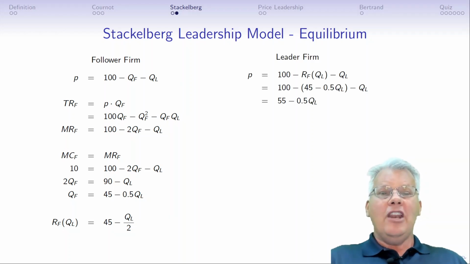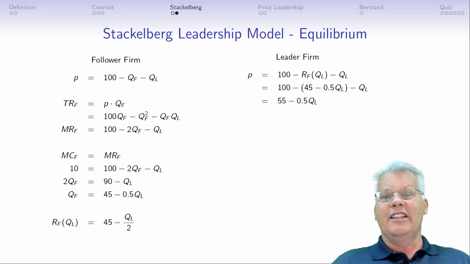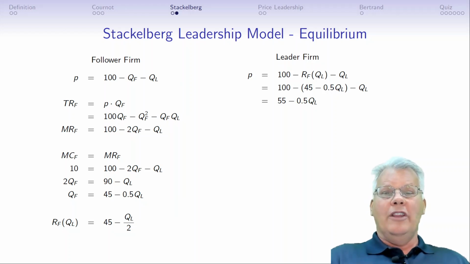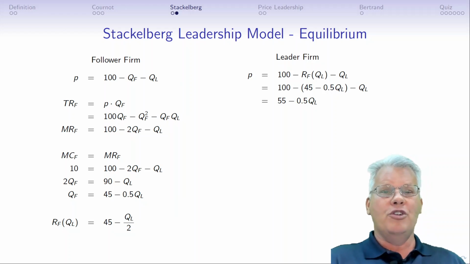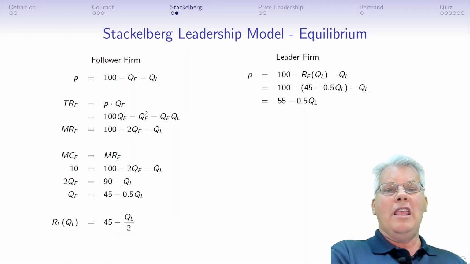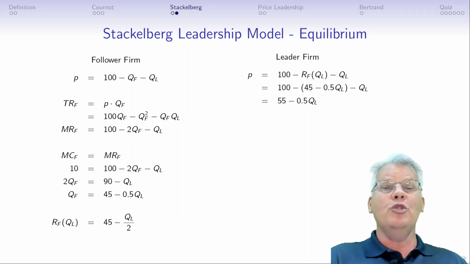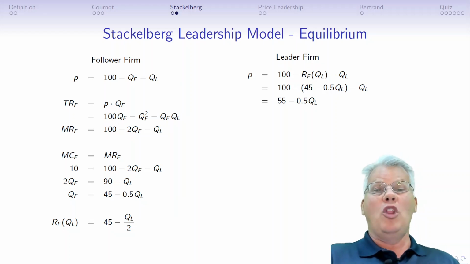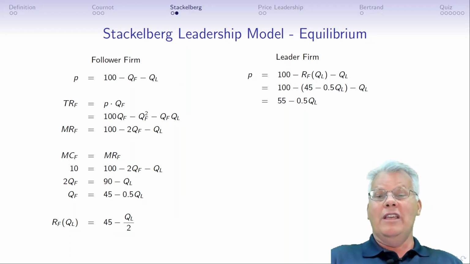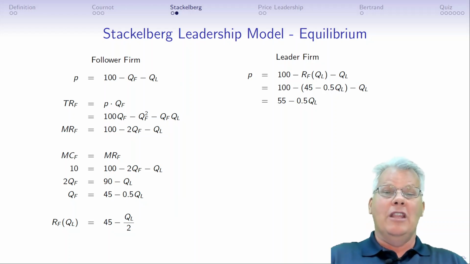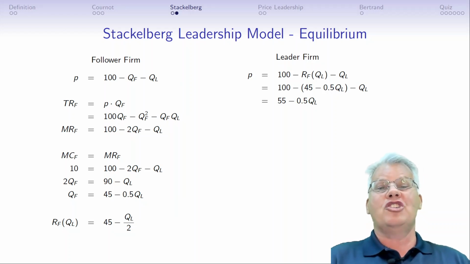Now, the leader firm is going to do something just a little bit different. For the leader firm, the inverse demand curve is 100 minus the quantity the follower firm produces minus the quantity that the leader firm chooses to produce, but the leader firm knows how the follower firm will react to its choice. So in the inverse demand function, we substitute in the follower firm's reaction function.